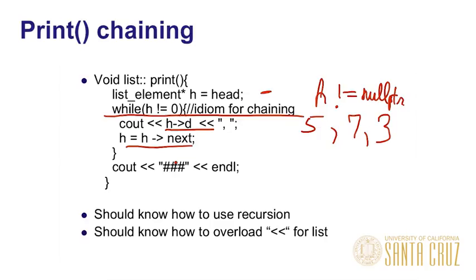Now, what you should know how to do, I'm not going to show it here, is this kind of processing can also be done with a recursive routine. The idea in the recursion would be the base case of the recursion. If you recall a recursion, you need a base case. The base case would be check for the null pointer.